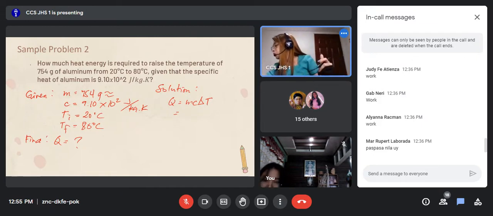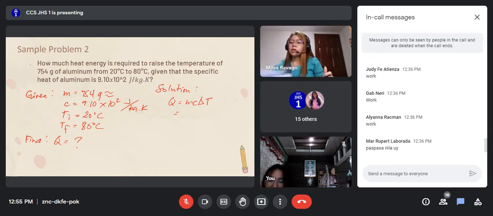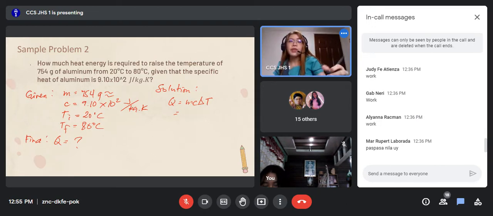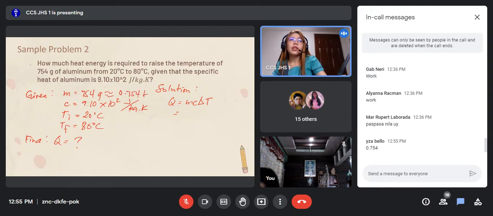What's your answer? 0.754. Okay, correct. 0.754 kilogram. Again, we just divide 754 by 1,000, the conversion of grams to kilograms.